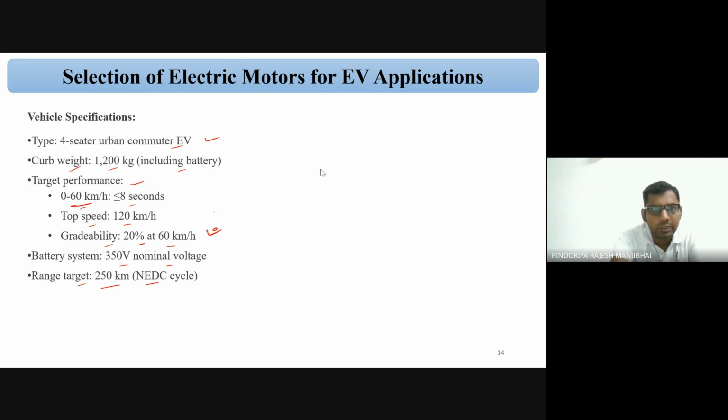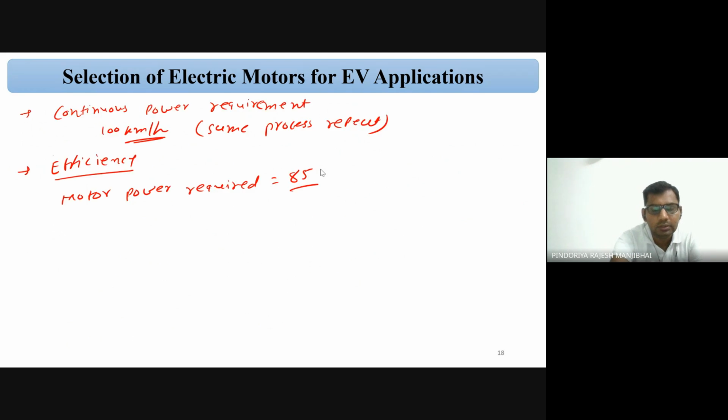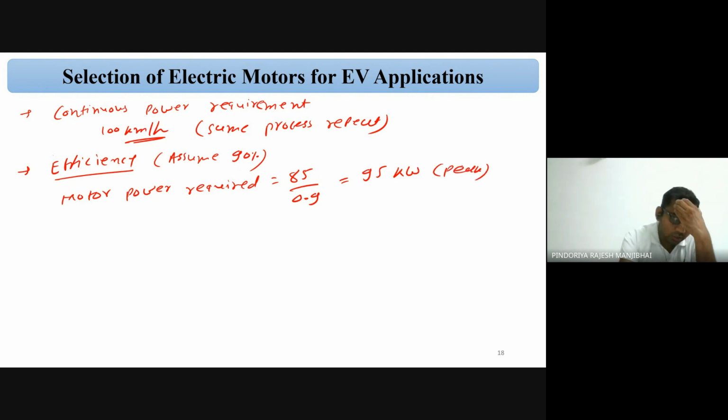Efficiency is not given, so we can consider 90% efficiency. Assume 90% efficiency, correct? So 85 divided by 0.9 is equal to 95 kilowatt. So that is your peak power. Okay, so this is your peak power, 95 kilowatt. Okay.